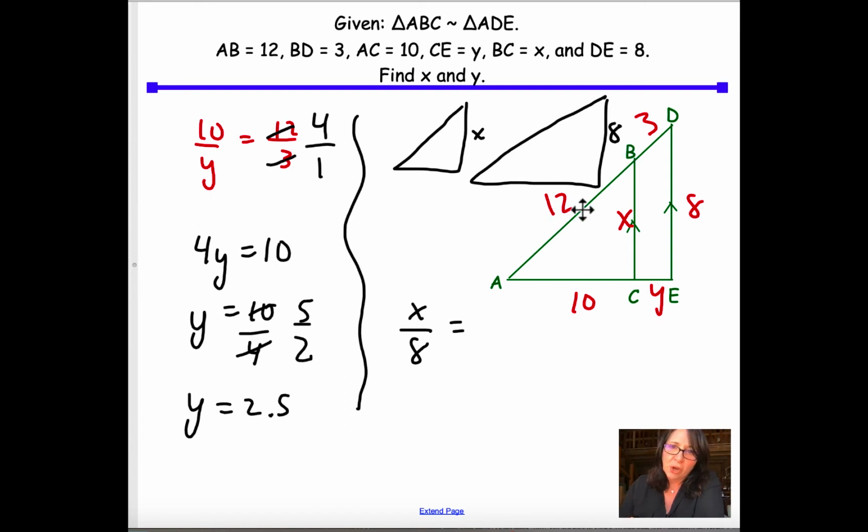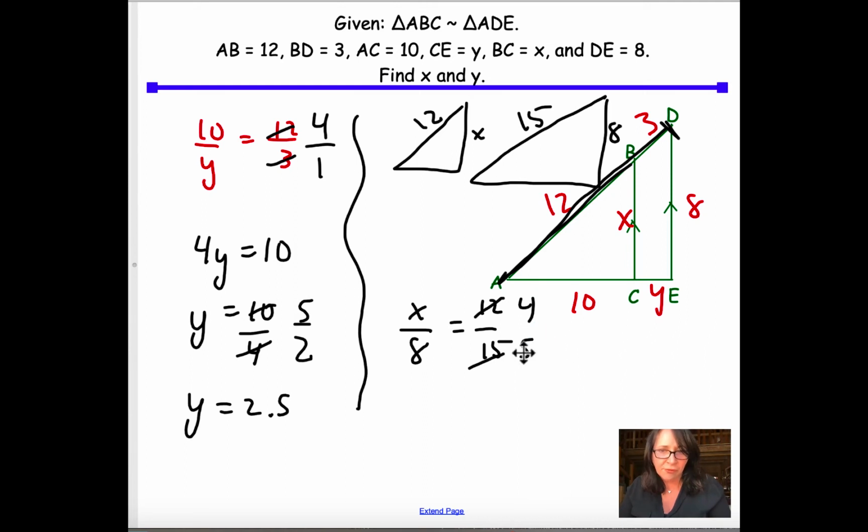So small being this is 12, large being this is 12 plus 3, which is 15. So I'd go 12 is to 15. And again, I can cancel these out. 12 over 15, I could divide by 3 and 3, so that's 4/5. So when I cross multiply, I get 5x equals 32. So x equals 32 divided by 5. And then that's my answer.